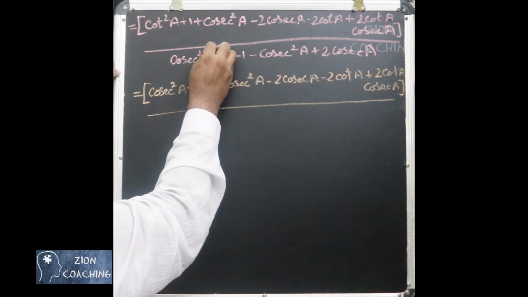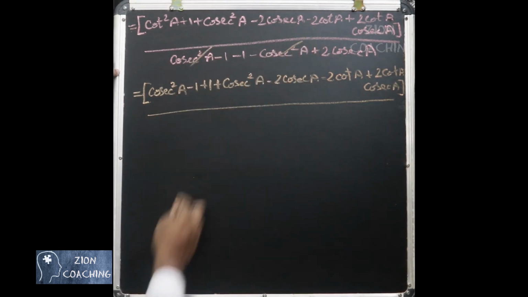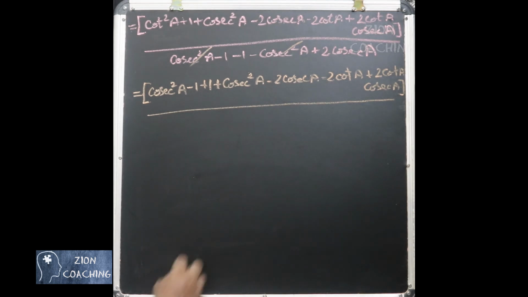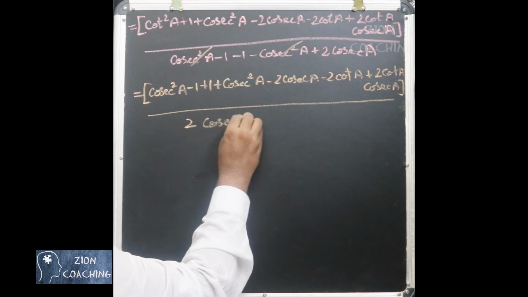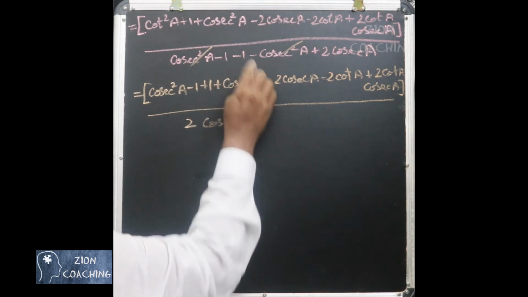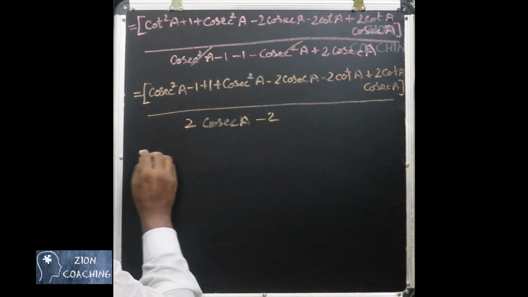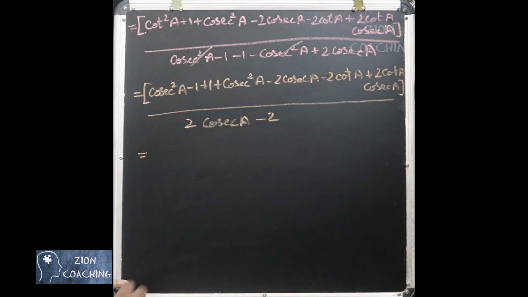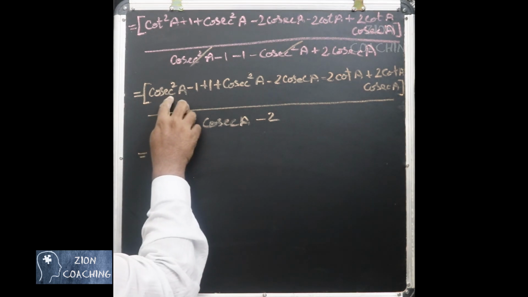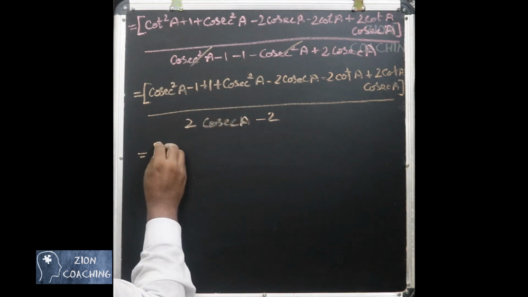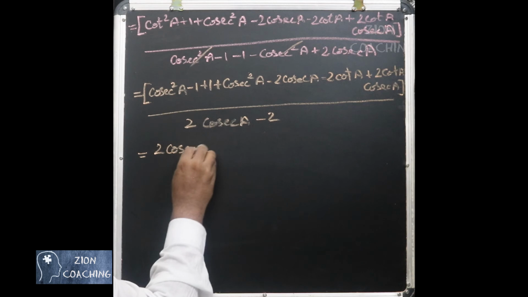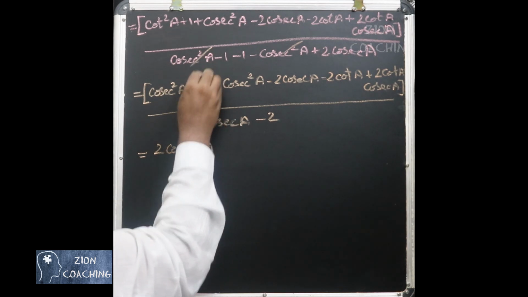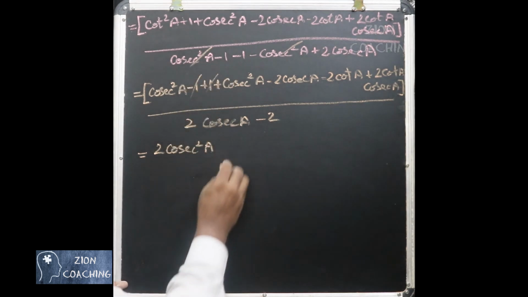you can see that cosecant squared A minus cosecant squared A will get cancelled. Then you have 2 cosecant A minus 1 is minus 2. Now cosecant squared A plus cosecant squared A is 2 cosecant squared A. Minus 1 plus 1 will get cancelled.